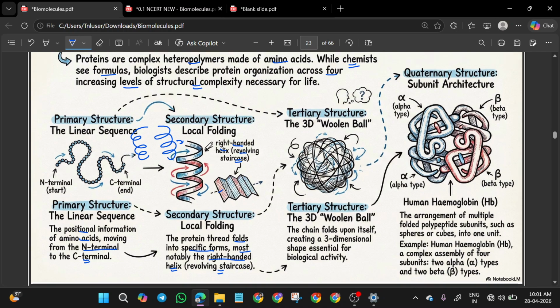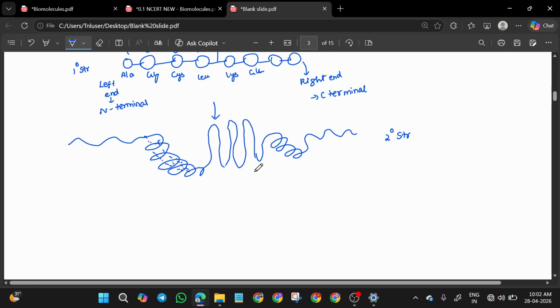Next இதே structure நம்மளுக்கு சேர்ந்து ஒரு woolen ball like structure ஆ ஃபார்ம் ஆச்சு அப்படின்னா that is called as tertiary structure. அதாவது இதே நிறைய சேர்ந்து கண்ணா பின்னான்னு அரேஞ்ச் ஆகி ஒரு உள்ளன் பால். So இப்போ இந்த மாதிரி இருக்கு.